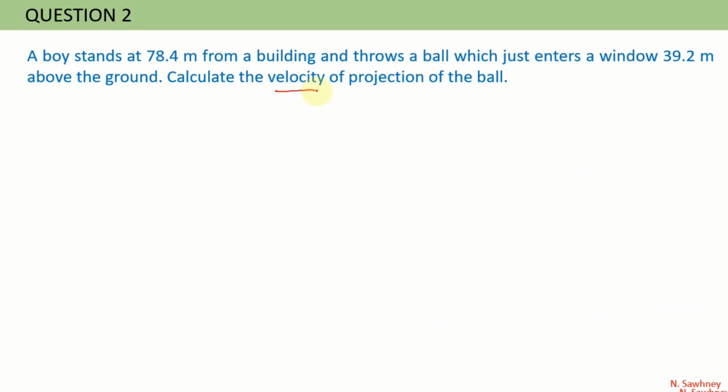Now let us calculate the velocity of projection. For this, we have just calculated angle theta as 45 degrees. Use it in either equation 1 or equation 2 to obtain the velocity. Let us put it in equation number 2. It is u square sine 2 theta by g is equal to 2 into 78.4.